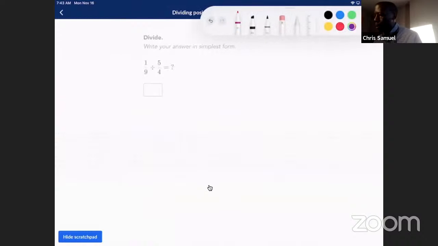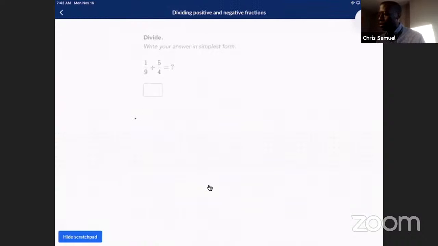And we have the next one here, where it says write your answer in simplest form. So first we do this. So we remember the appendix rule.